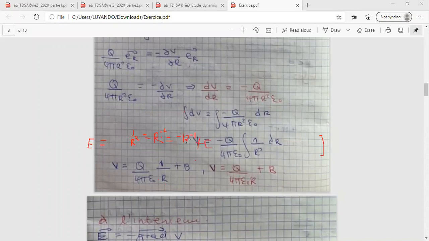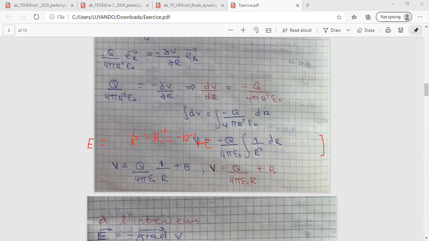So what I'm going to have here as a result is V is equal to Q over 4 pi epsilon 0 times 1 over r plus the constant, which is Q over 4 pi epsilon 0 r plus b. Are we clear? Or should I repeat? Yeah, it's clear.